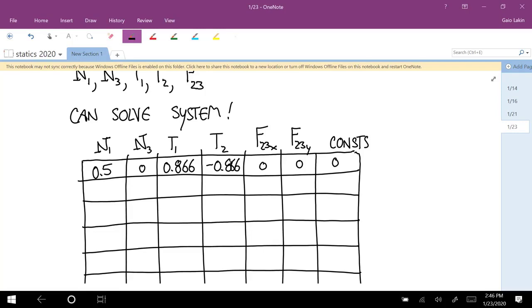Everybody with me on that? Then for the second equation, for N1, we have 0.866. For T1, we have negative 0.5. I think that's right, yeah. For T2, we have positive 0.5. And for the constant, we have positive 9.81. And the rest are zeros.